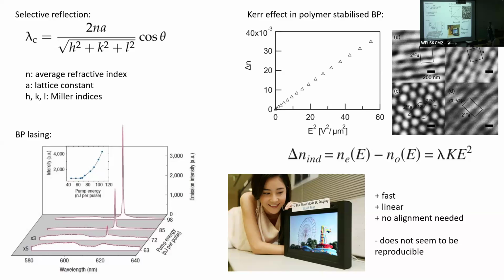The reason being, it doesn't seem to be reproducible. You can only reproduce it by following the absolutely same procedure as the original authors did. But as soon as you use other mixtures of polymers, it doesn't work anymore, which is a bit of a problem, because then you don't really have much to optimize. But it was a very nice display.